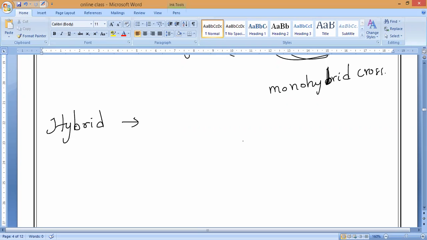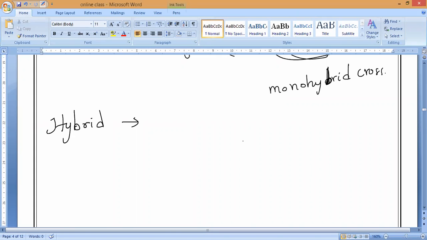When we breed two pea plants having one contrasting characteristic each to obtain new plants, then it is called a monohybrid cross.